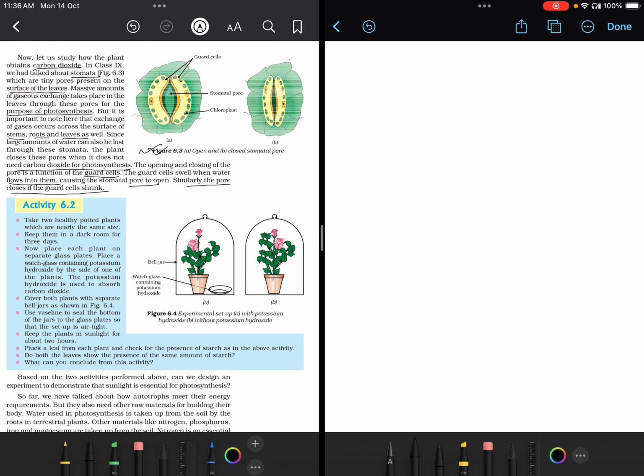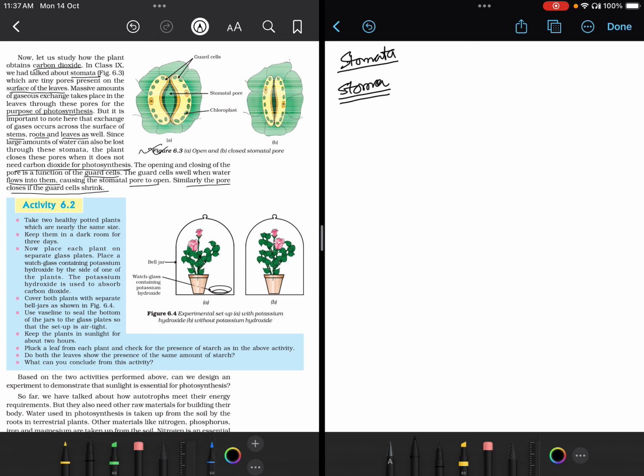This picture you got in your class 9 biology. Am I right? Now let's see what they want to tell you. They talked about stomata. Stoma means pore.